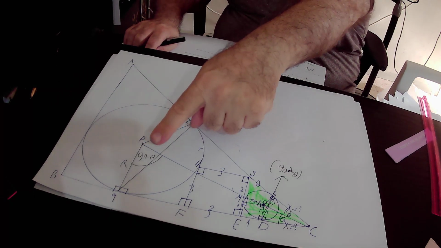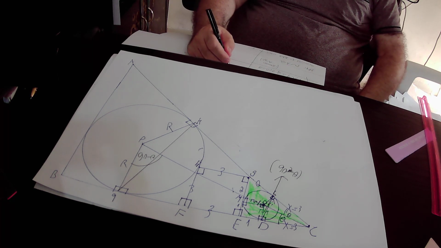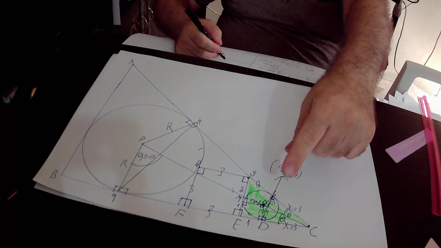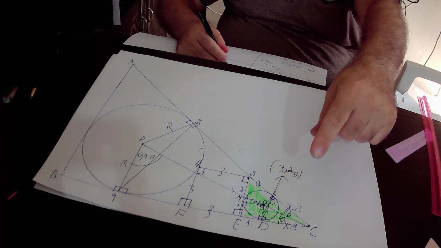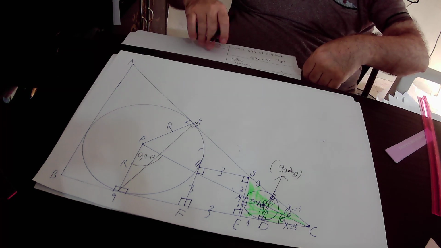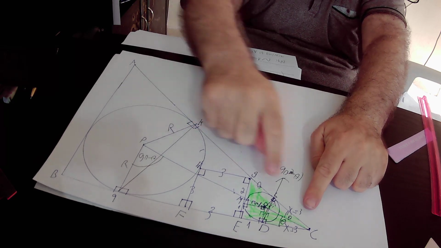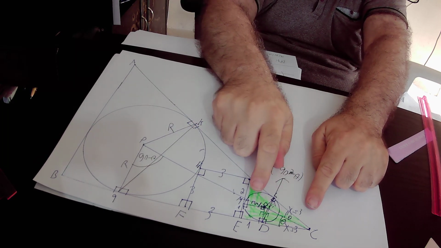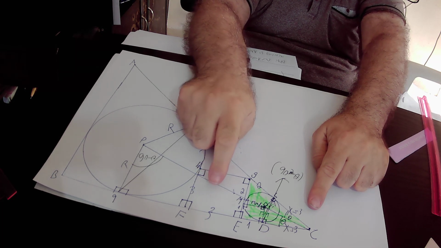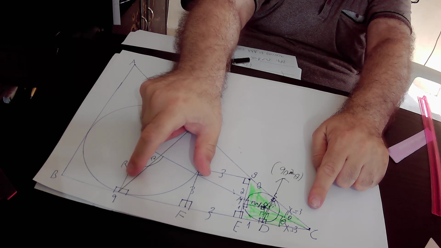PQ equals R, it is the radius of the big circle. OD is the radius of the small circle that is equal to 1. What is the value of QC? The value of QC equals 3 plus 1 plus 3 is 7, so it is 7 plus QF.